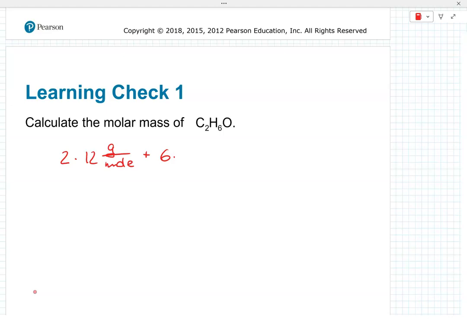What is the molar mass? And how many oxygens? What is the molar mass? 46 grams per mole.